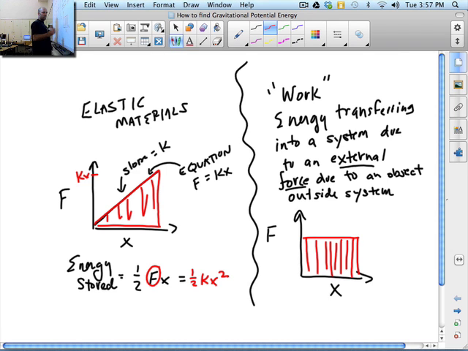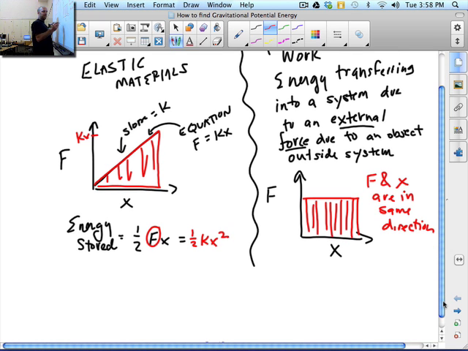We're also saying that F and the distance the object moves are in the same direction. This means that if you just multiply F times x, that gives you the work or energy transferred into the system.